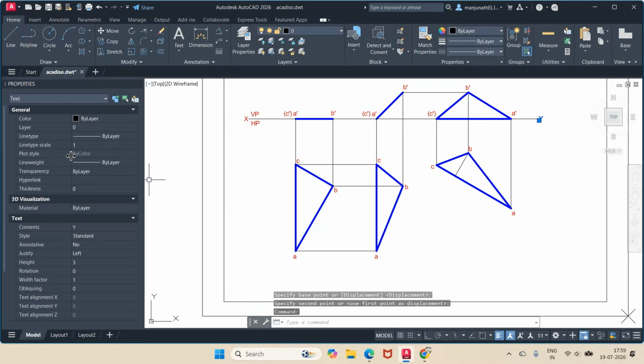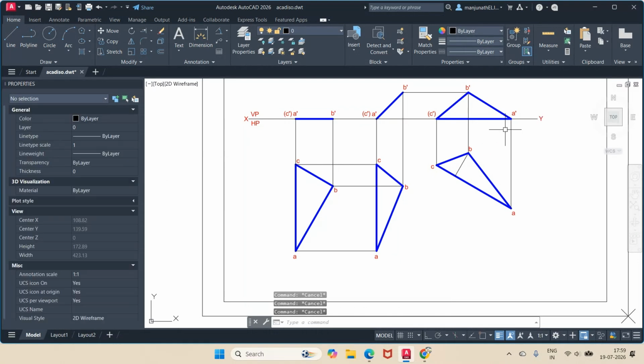Then select this one, go to layer, make this as text. Then you go to DD edit, select this one, make it as C dash. Then go to move, select move, take this point. And so this is how you will be able to create the drawing.